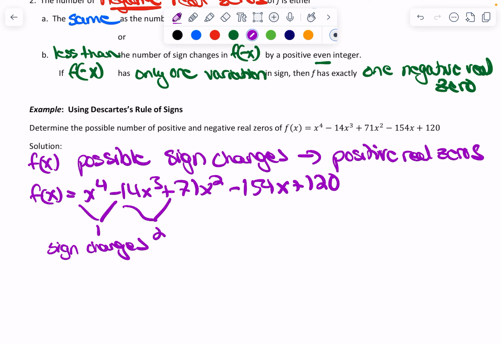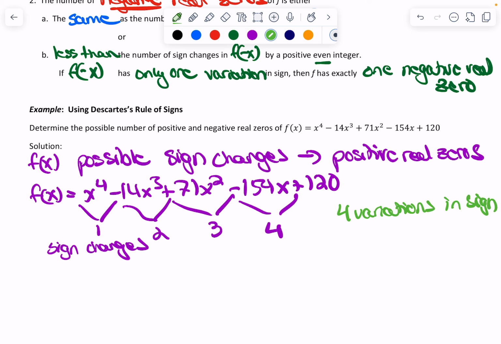There's a second sign change, a third, and a fourth one. So we have 4 variations in sign. It all comes from how many sign changes there are: positive, negative, positive, negative, positive.